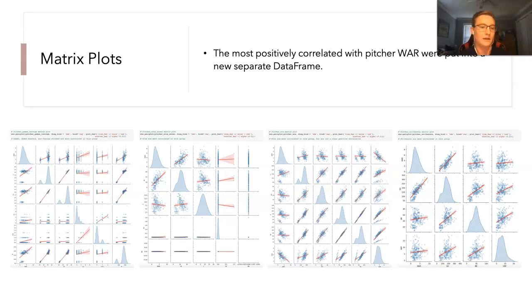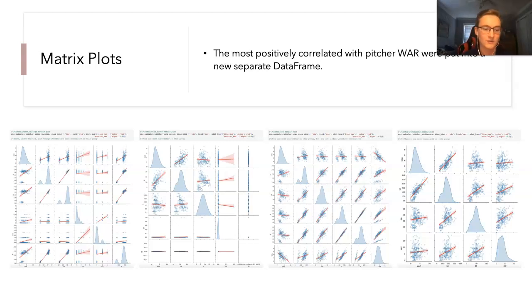So I created a matrix plot for each of these categories, and I kind of went through a little gauntlet. As you can see on the far left of each of these plots, we have their correlation to WAR, and obviously you want a correlation as close to 1 as possible to mean it's the strongest positively correlated.